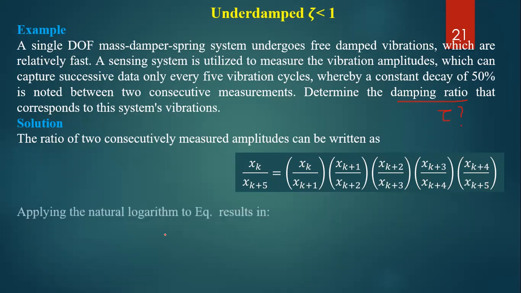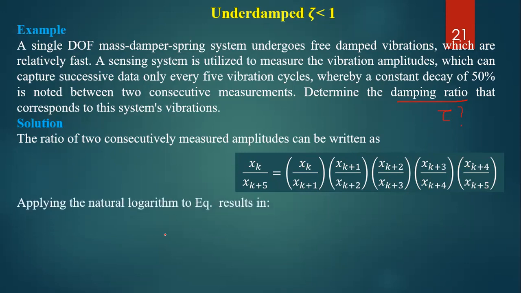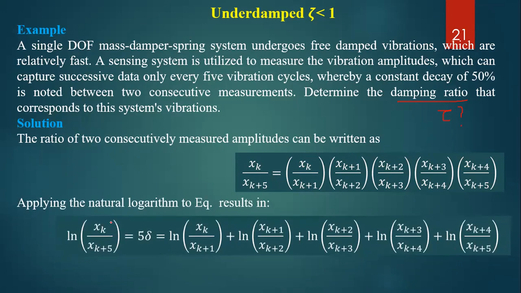Okay. Now, applying the natural logarithm, we have ln of xk over xk plus 5, which is equal to 5 delta. 5 delta means in every cycle, this is delta, this is delta, again this is 1 delta, 1 delta.